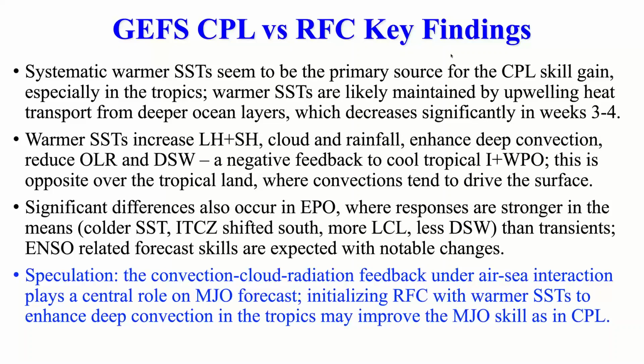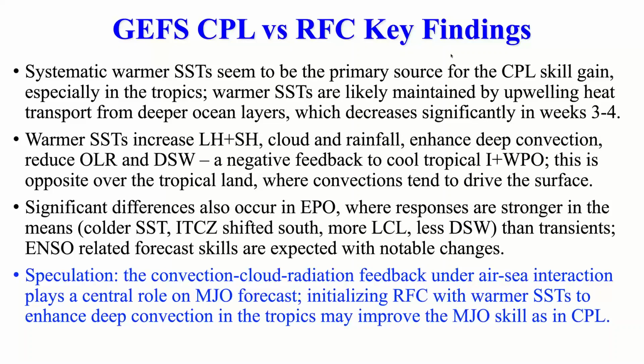This is the opposite over the tropical land, where the convection tended to drive the surface. So significant differences also occur in the Eastern Pacific Ocean, where responses are stronger in the mean values. The mean differences we saw earlier, such as cooler SST, ITCZ shift south, more lower level clouds, and less downwelling shortwave radiation.